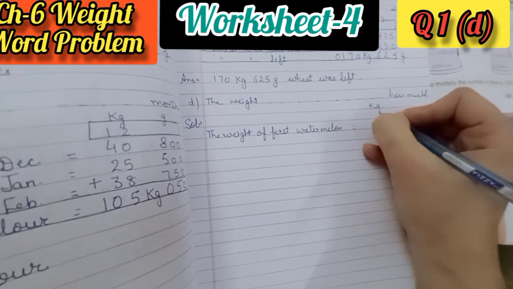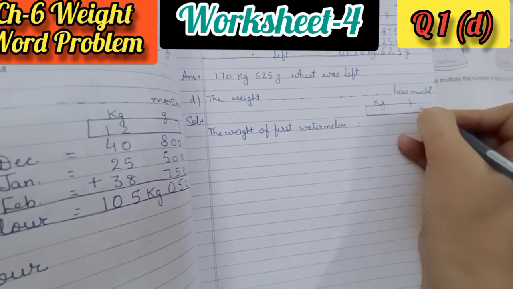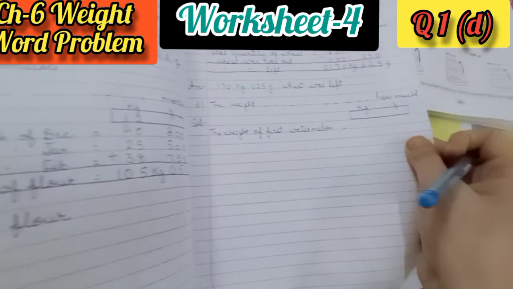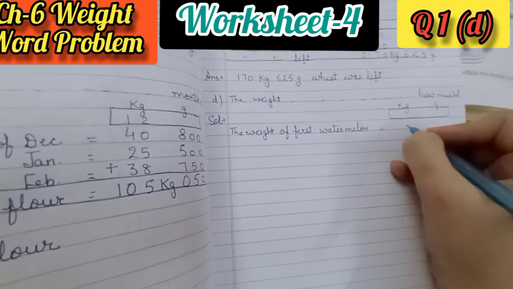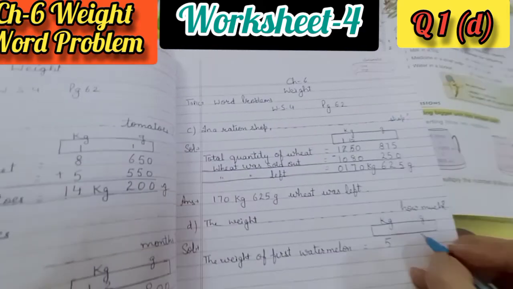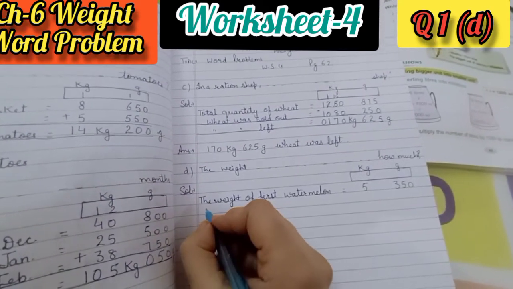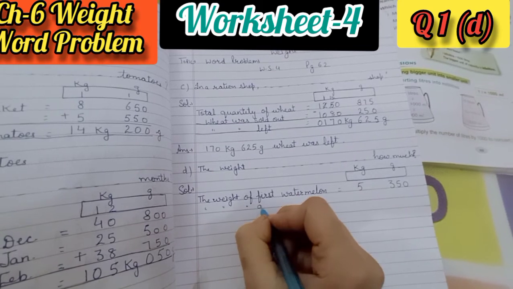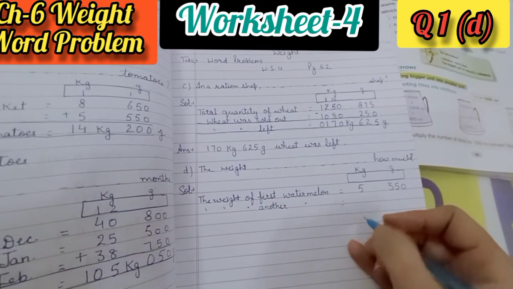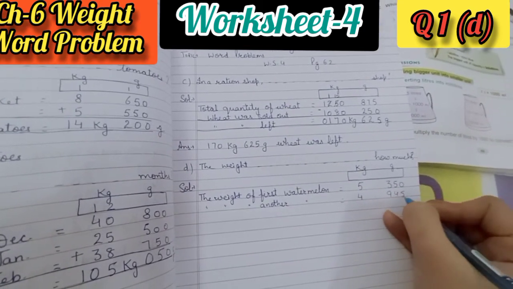So take 2 columns, borrow box, because we know here we have to subtract, so we take borrow box. Weight of first watermelon is 5 kilogram and 350 grams. Now the weight of another watermelon or the second watermelon, you can write 4 kilogram and 945 gram.